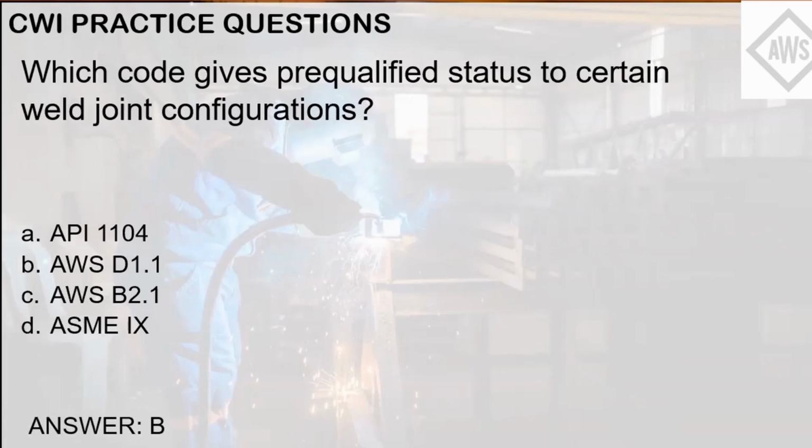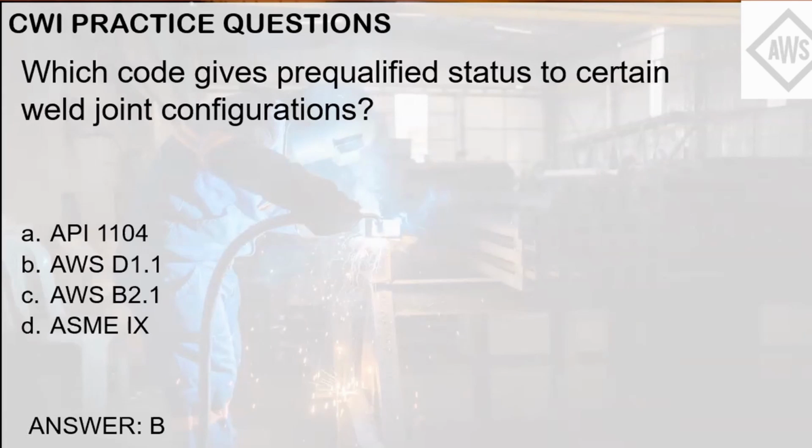or they pre-qualify the WPS, meaning you don't need a test coupon to qualify the welding procedure specification as long as the limits listed in those codes and standards are not exceeded. If you exceed that, you'll need to qualify those.